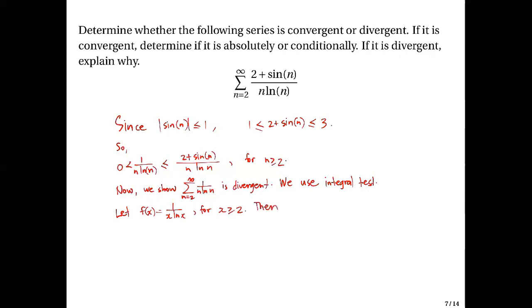Then f is decreasing since as x increases, x ln of x also increases. And so 1 over x ln of x decreases.